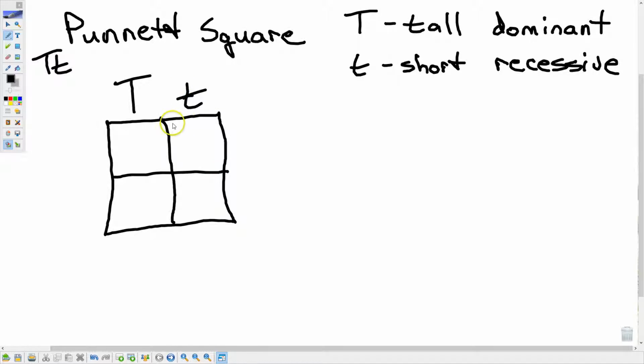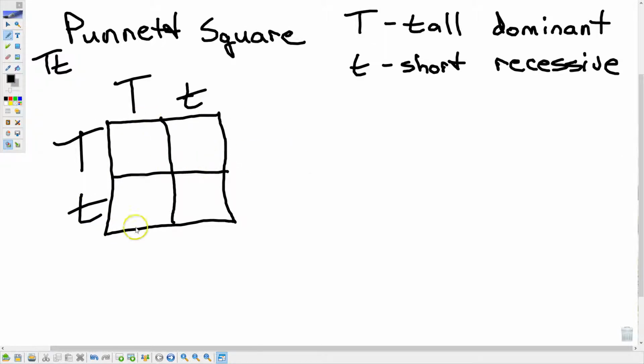Because that parent, we keep saying this fraction over and over again, has a 50-50 shot, a 1/2 shot, of donating a T or a little t. It's going to donate one or the other: 50% chance it's going to donate a big T, 50% chance it's going to donate a little t. The other parent is going to do the same thing.